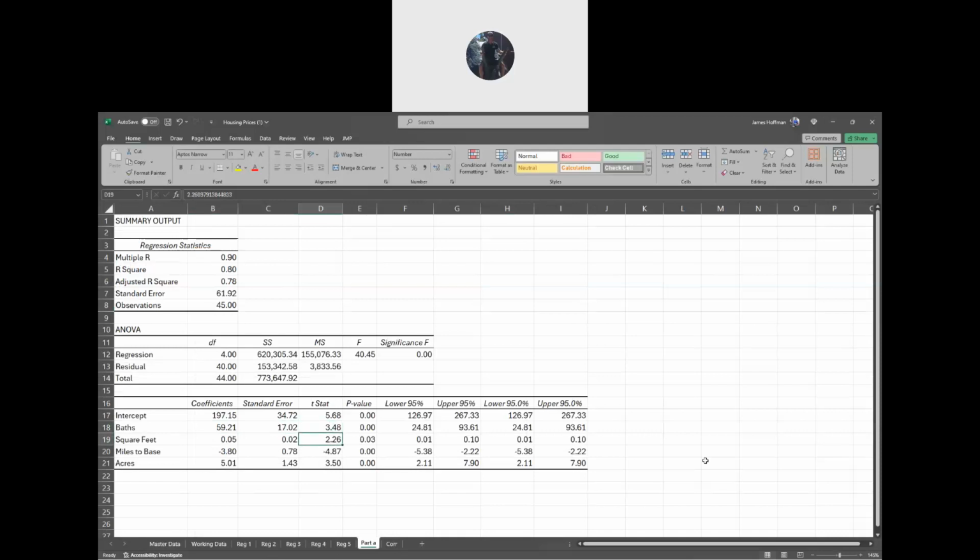And that's the lowest t-stat of all anyway. Keep an eye on this model because there are two ways of looking at it. So let's run the model one more time without square feet.